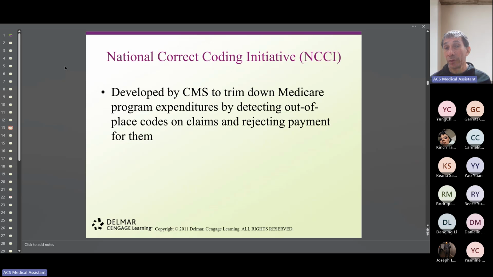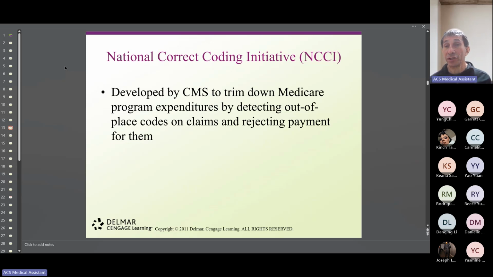So they're going to be reviewing every single claim to make sure that you're not upcoding, downcoding, or just adding codes for services that were not provided. And if that happens, then they're going to reject your claim.